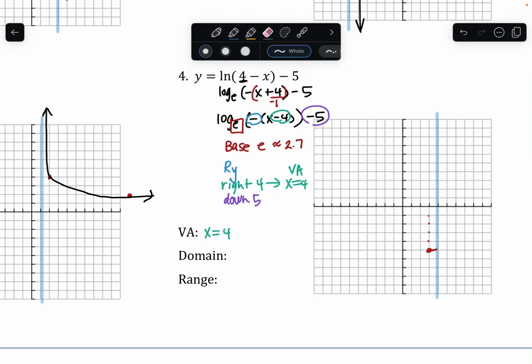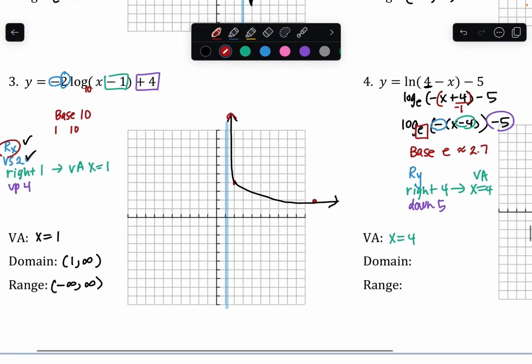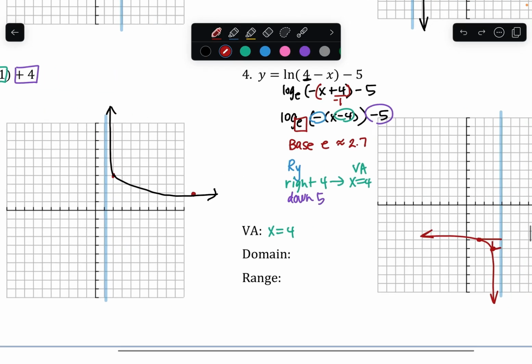And then my next good point is to go up 1 and then a distance of e. So up 1, a distance of e is about 2.7, so not quite 3. And then our function is still going up, but now to the left, and the tail is still down towards the asymptote. The only time your tail is ever going up is if there's a reflection across the x-axis.